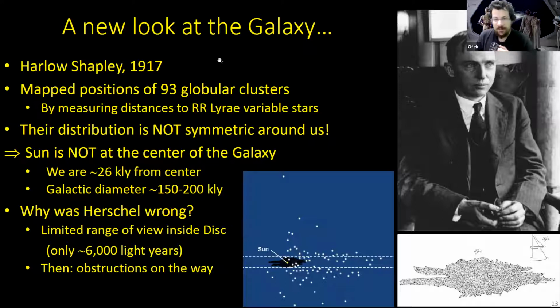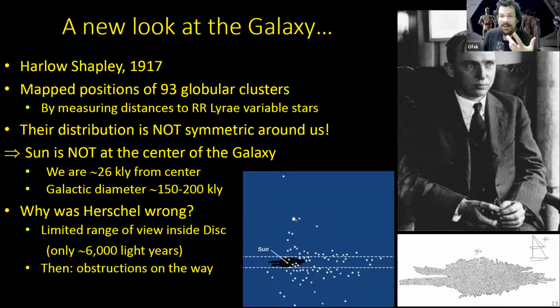And the reason you can do that is because these clusters each have, as we said, tens of thousands to millions of stars in them, which means they emit a lot more light. So you can see them further away. And when they are off of the galactic plane, they are also not dimmed as much as stars, because most of the dust and gas in the Milky Way is on the plane of the disk of the Milky Way.